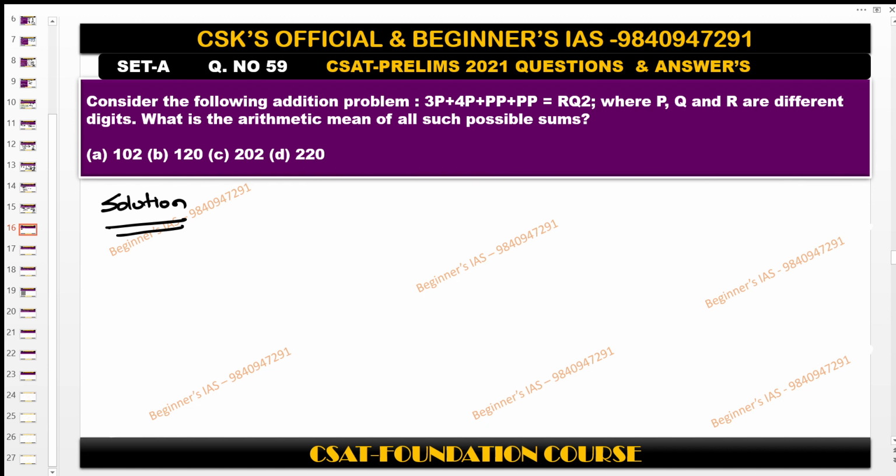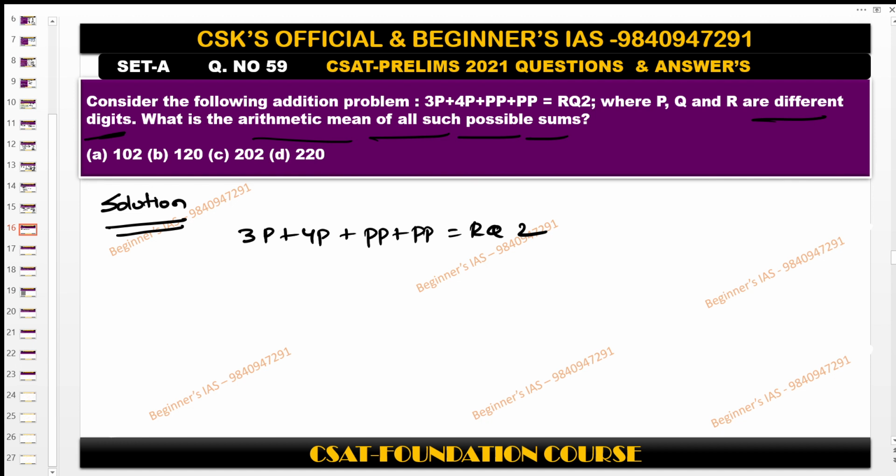Consider the following addition problem: 3p plus 4p plus pp plus pp is equal to rq2, where p, q, r are different digits. What is the arithmetic mean, that is, the average, of the possible sums?